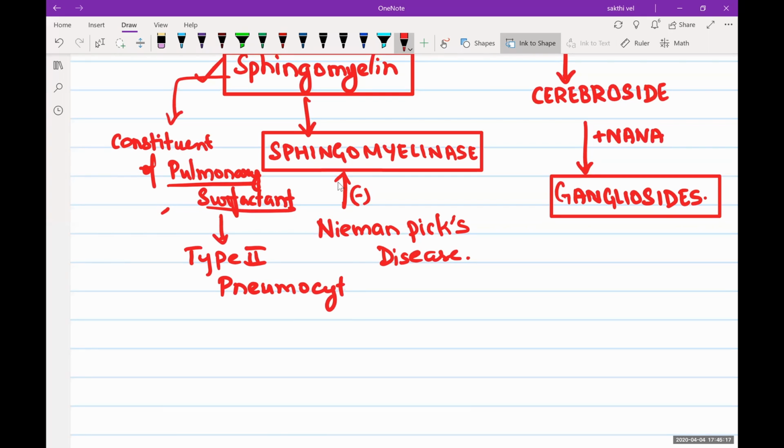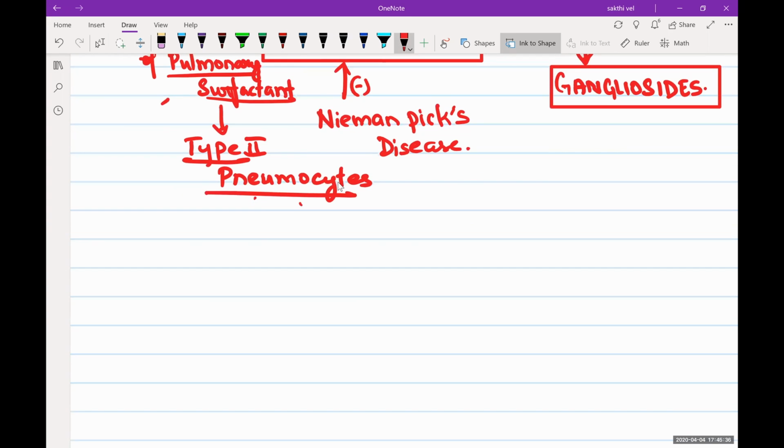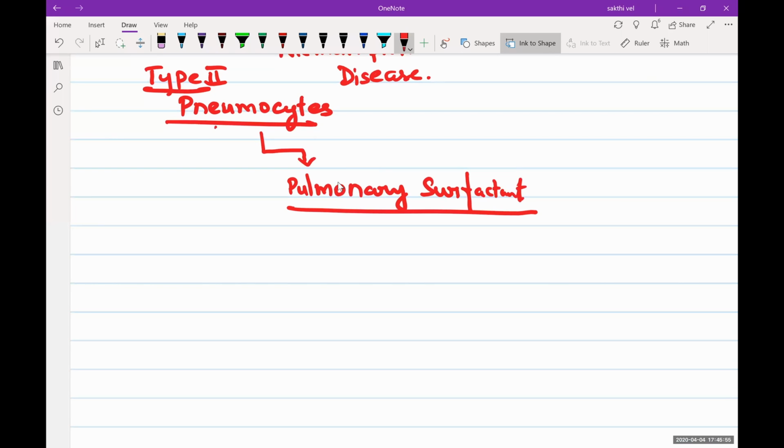Is sphingomyelin alone a component of your pulmonary surfactant? No. So type 2 cells secrete pulmonary surfactant, and the pulmonary surfactant contains two components.